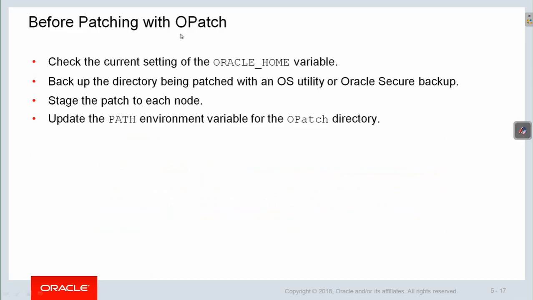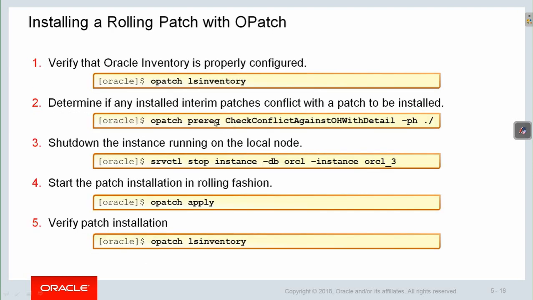So what should I do before patching with OPatch? Set Oracle Home correctly, back up the directory that is being patched with an OS utility or Oracle Secure Backup, stage the downloaded patch, and update the path for the OPatch directory. Then we're going to install the patch in a rolling fashion.